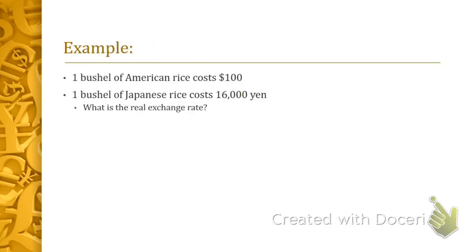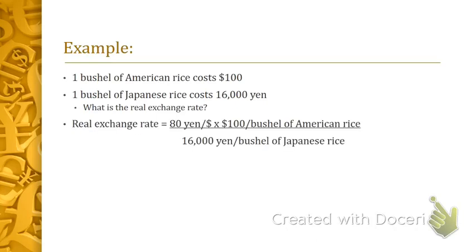Here's an example. 1 bushel of American rice costs $100. 1 bushel of Japanese rice costs 16,000 yen. What is the real exchange rate?